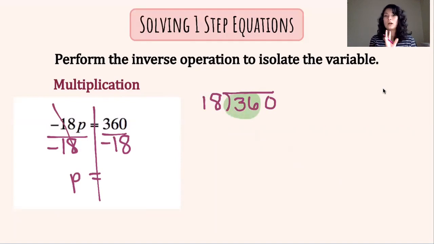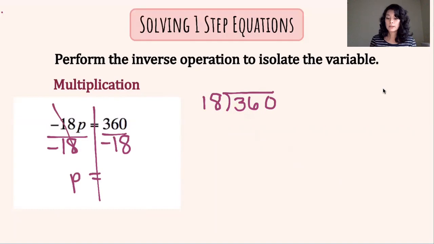I'm trying to figure out how many times 18 can go into 36 without going over. So I'm trying to get as close as I can without going over. This may require a little guess and check where you multiply 18 with various numbers. Now I know 18 actually goes into 36 2 times evenly, but if you didn't know that, again, you would just do some guess and check.